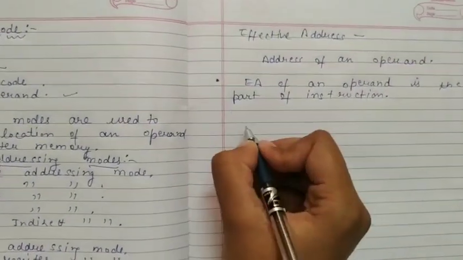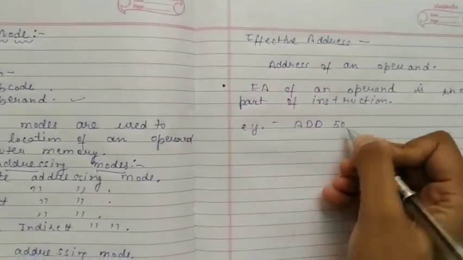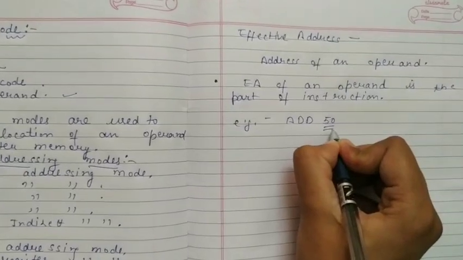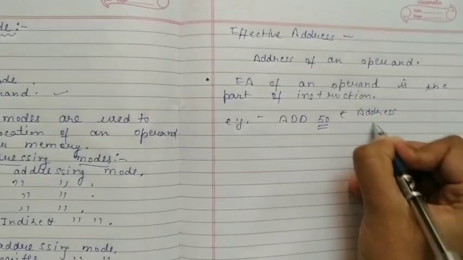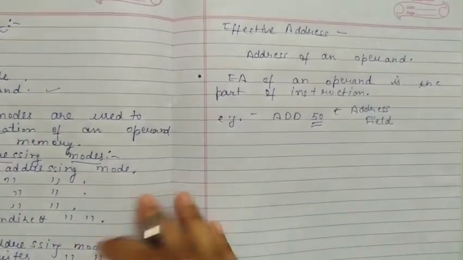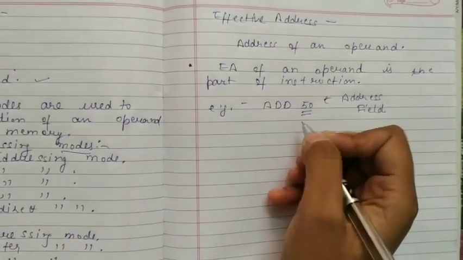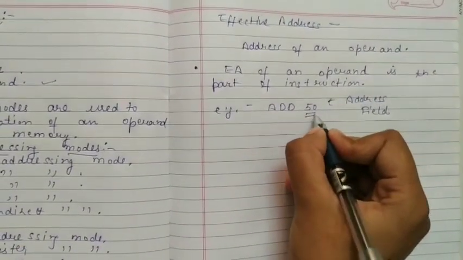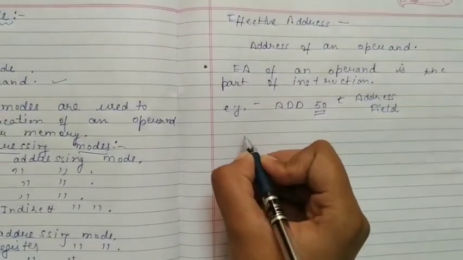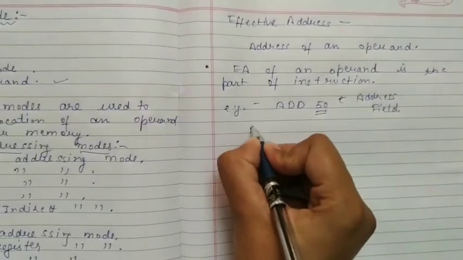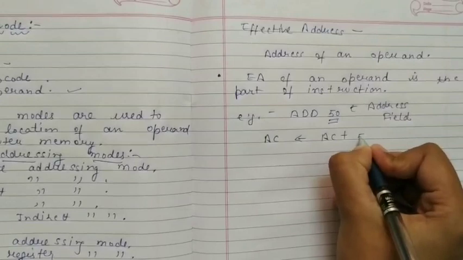So if we are given the instruction add 50, then here 50 is not an operand, but it indicates the address field. 50 here is the address field. If the CPU wants to execute this instruction, it will consider 50 as the address. After expansion it is represented as accumulator = accumulator + [50].